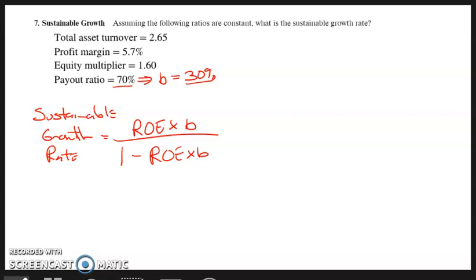So we don't know ROE, but it just so happens that in the DuPont equation, ROE is equal to profit margin multiplied by total asset turnover multiplied by the equity multiplier.